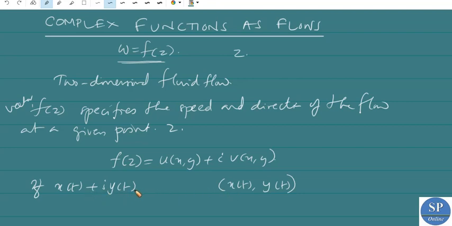then since f of z specifies the speed and direction of the flow at a point z, we can say that the tangent vector T is equal to f of z.